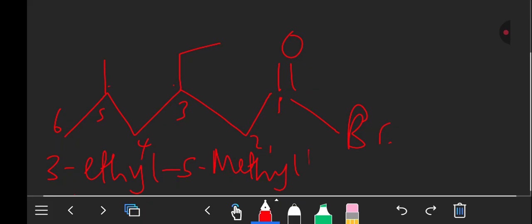It is hexanoic, but we remove ic, replace it with yl. Then you add the name of the halide, bromide. So this compound now will change its name. It will be 3-ethyl-5-methylhexanoyl bromide.